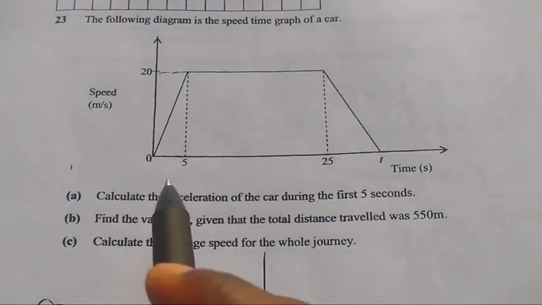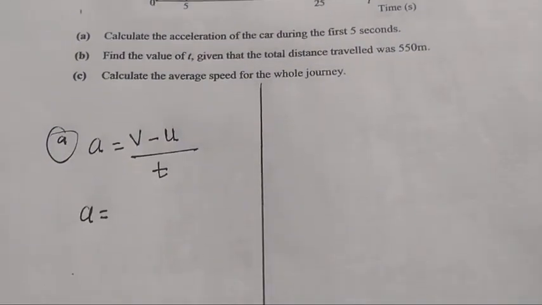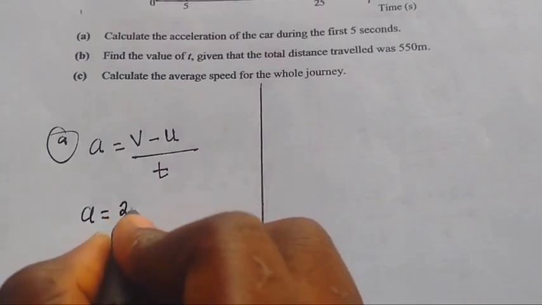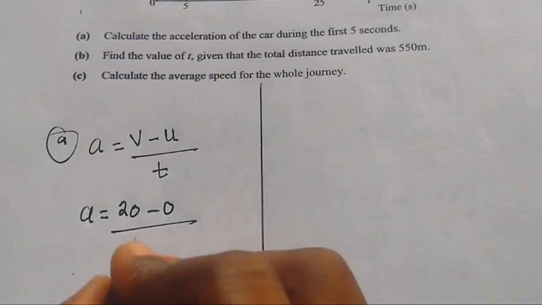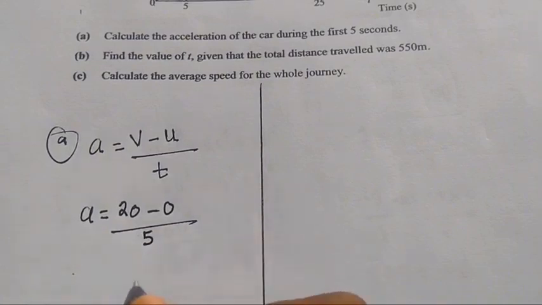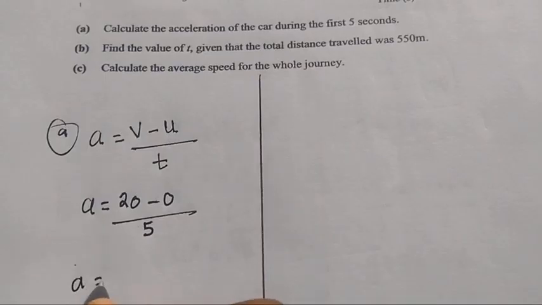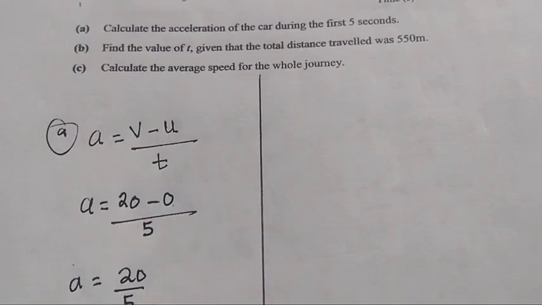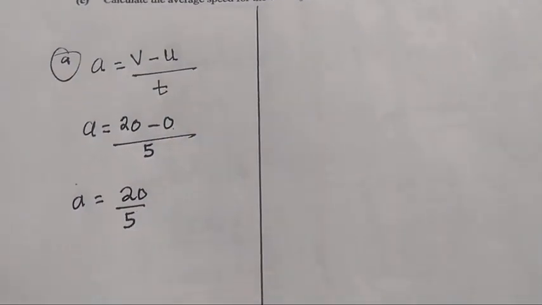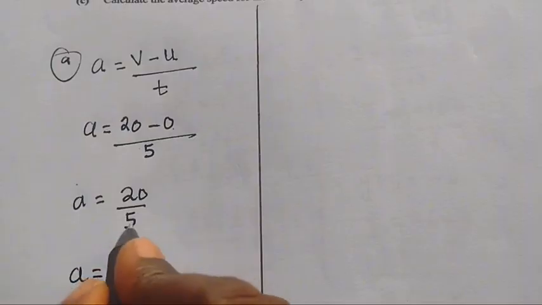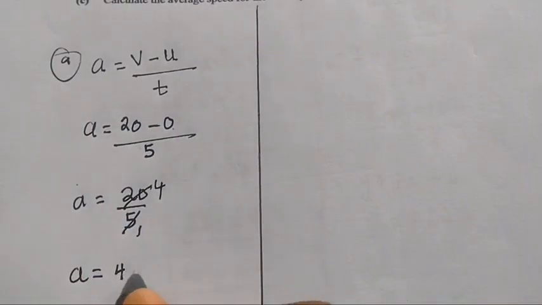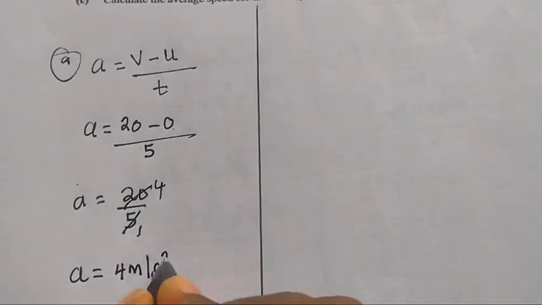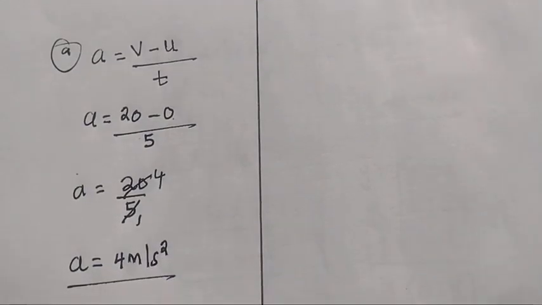So final velocity, 20, minus the initial velocity, 0, over the time, in the first 5 seconds. So acceleration is equal to 20 over 5, because 20 minus 0 is 20. 5 into 20 is 4. So we're going to have 4 meters per second squared as the acceleration.